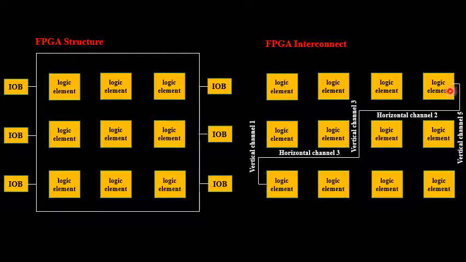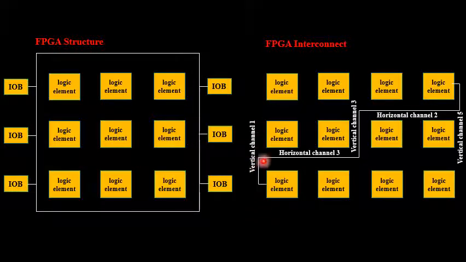So from here to here it has to connect, or in other terms, the output from this particular logic element has to get connected with the input of this logic element. So how can I make the connection? The wiring can be done something like this. It is done in a very organized manner. That's why we call it programmable interconnects, which are organized logically into channels.